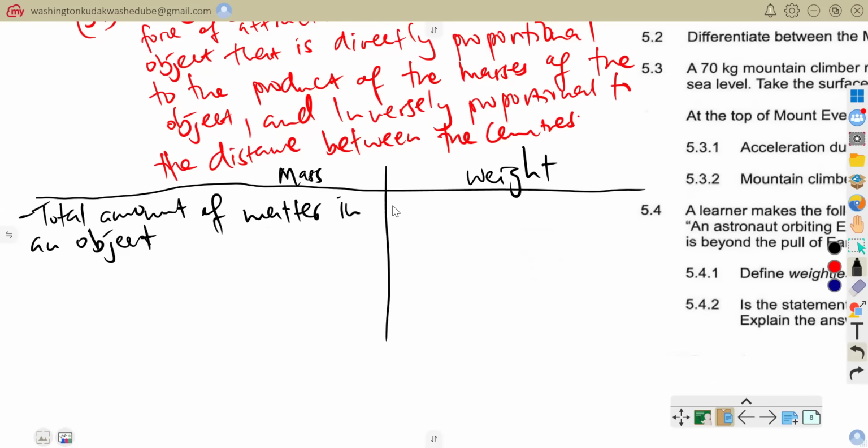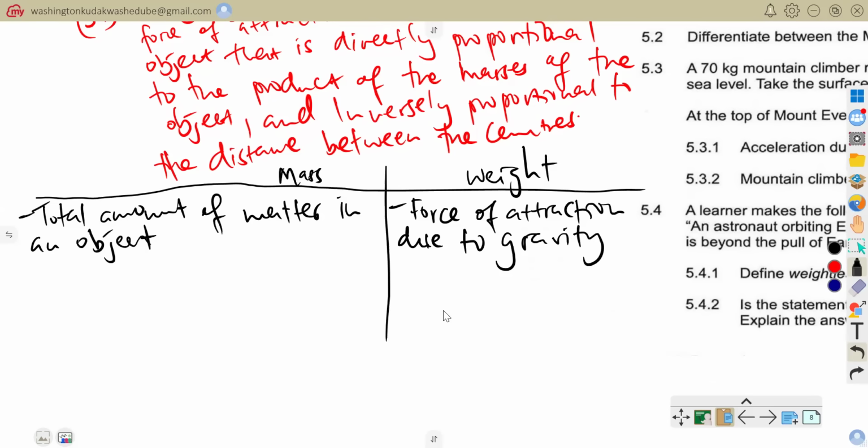Weight is the force of attraction due to gravity. Weight is a vector and mass is a scalar.